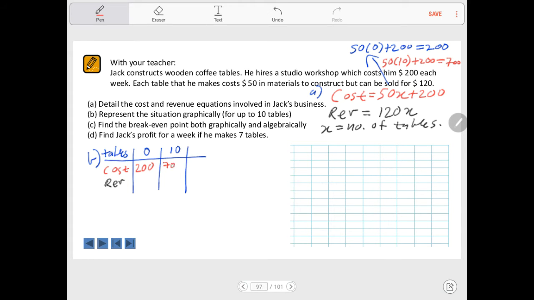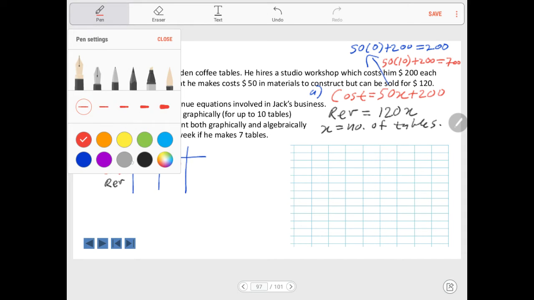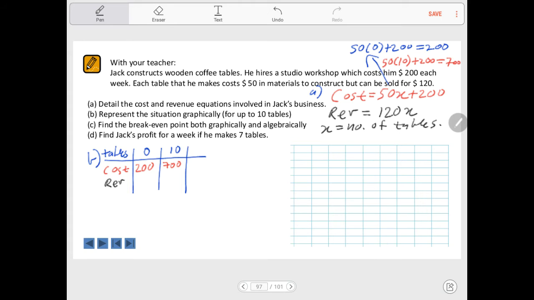So once Jack's made the 10 tables, his costs have risen to $700 because he's had to pay $50 in materials for each table. But then the good part for Jack is he gets to sell the tables. Now, that's going to be his revenue. Okay, so let's see.